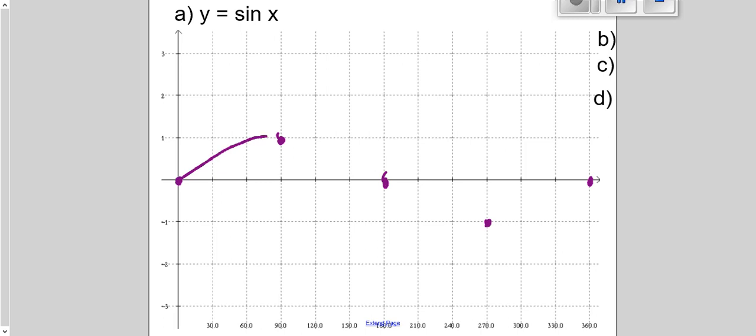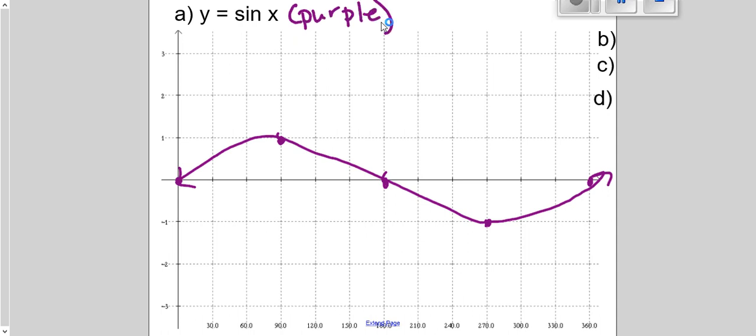And so what we get is this purple graph. Of course, it continues on, so I'm going to put arrows at the end.